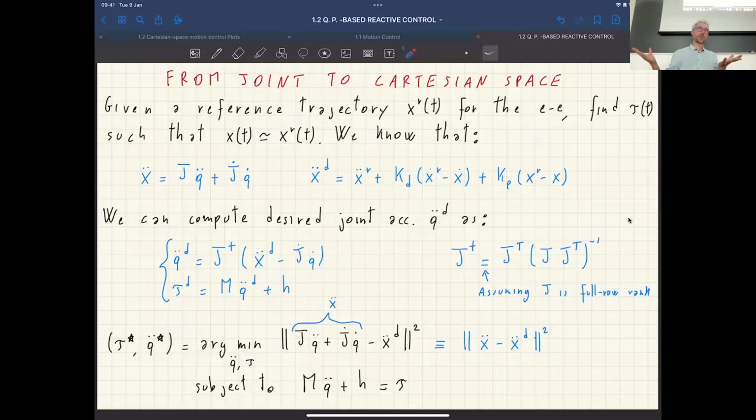You compute a joint space trajectory, and then you can use joint space control, which has some benefits because, well, it's computationally cheaper, and you never need to worry about your Jacobian becoming singular because you don't have to do any pseudo-inverse. So it's actually going to be better in that sense.